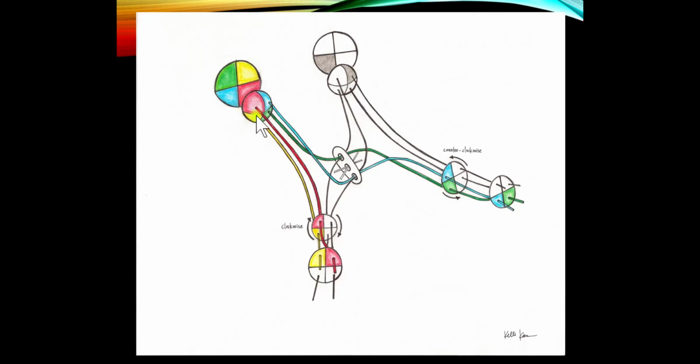We can follow vision from the nasal and temporal retina, and we want to know what vision stays on the same side and what vision crosses over. The nasal retina fibers are the ones that cross over at the optic chiasm. What does the nasal retina see? It sees the temporal, or outer, visual field.